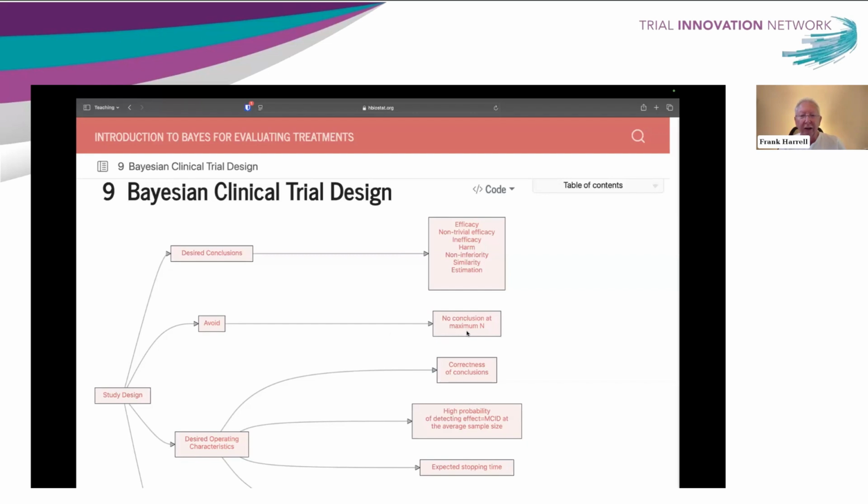That is actually occurring in more than 50% of all clinical trials. And so having the maximum sample size expended and you still don't have a conclusion is what we really, really want to avoid.